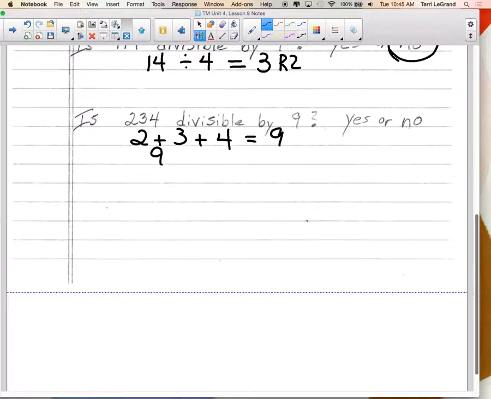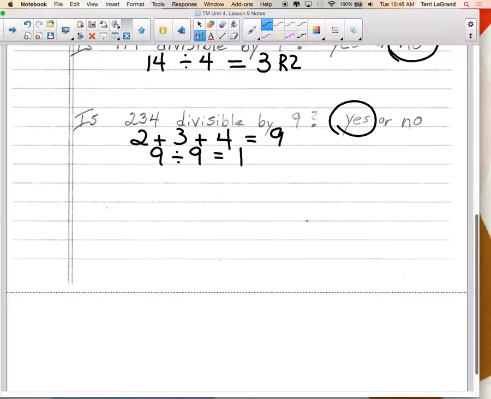Is 9 divisible by itself? Yes. What do we get? 1, no remainder. So is 234 divisible by 9? Yes. 234 is a multiple of 9. If we kept going with the 9s, 234 would be in the list.